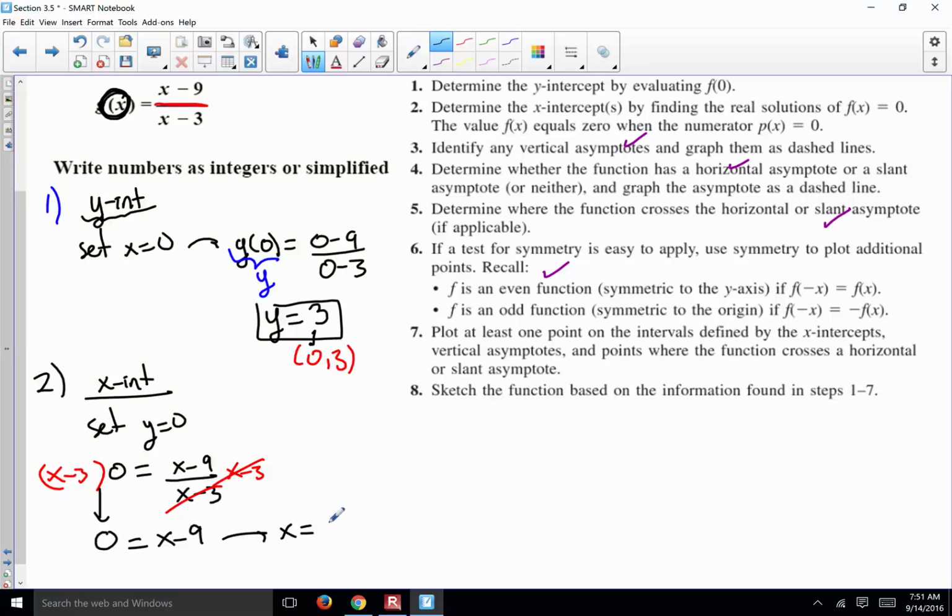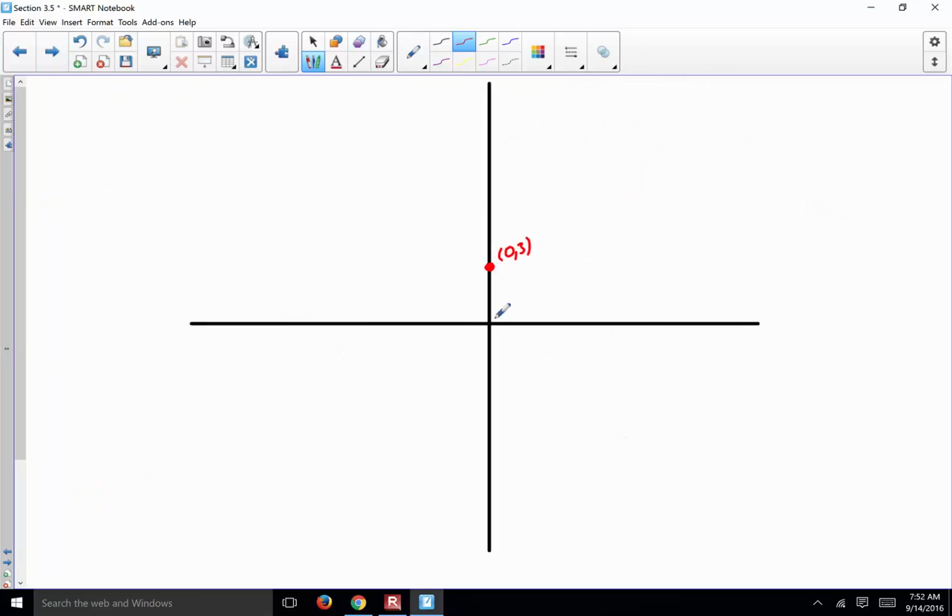When you bring 9 to the other side, x is 9. In other words, 9, 0 is the x-intercept. Alright, 9, 0. About here. Your curve should go visit these 2 points on y and x respectively. Any questions?